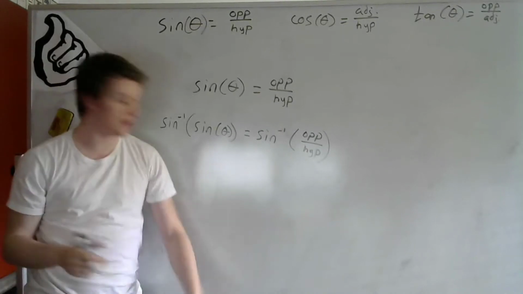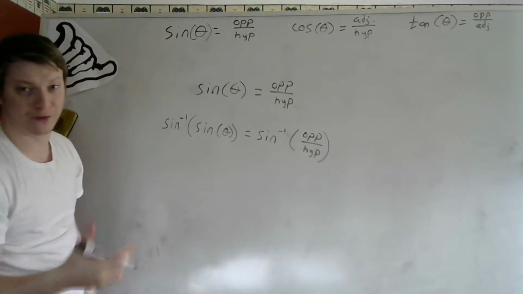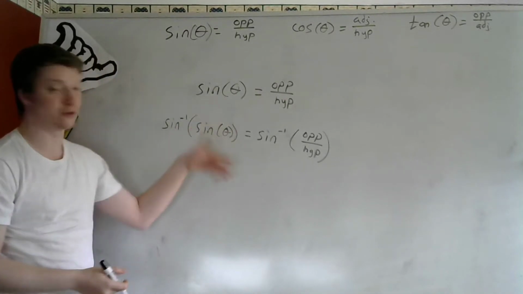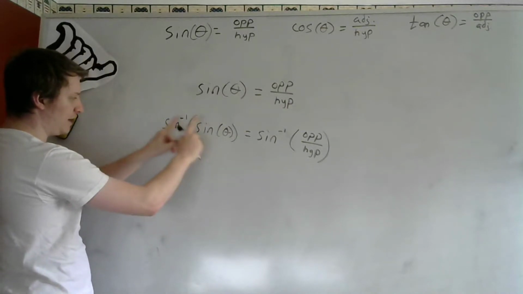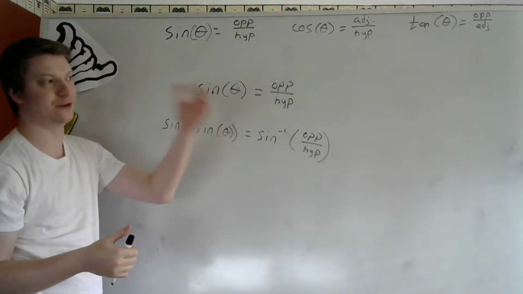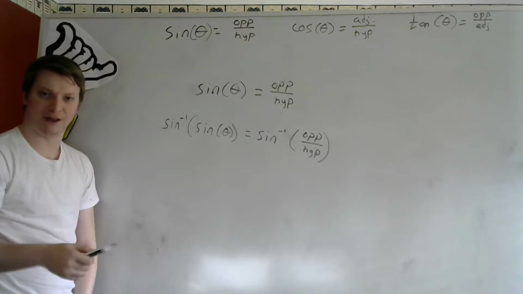And this is no different than, say, squaring both sides of a problem, or taking the square root of both sides of a problem, or multiplying and dividing both sides of a problem, in that we have to do it to the entire side. Now, taking the inverse sine of the sine, they cancel out. Just like when you take 5 and you divide it by 5, it went to 1. It's a little bit weird how it's all written and how it comes out.